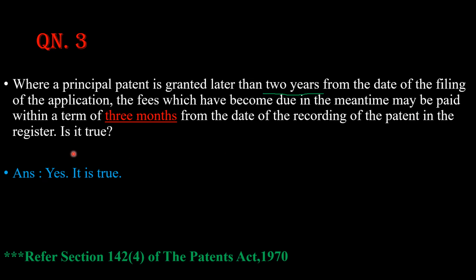So here there are two places where some wrong data can be put there to confuse you. Fine. So here we can see that both the data are correct, and for this reason the whole statement is correct. So we can answer yes, it is true. Okay, and for this please refer section 142 subsection 4 of the Patents Act 1970.